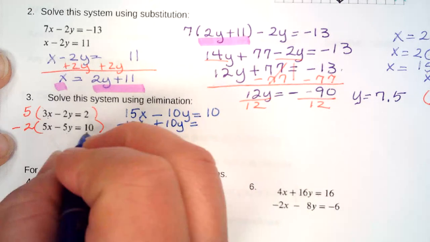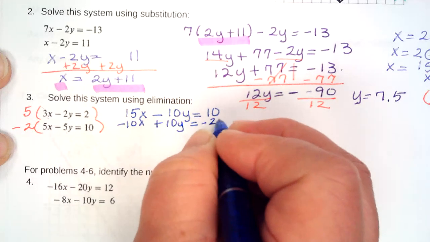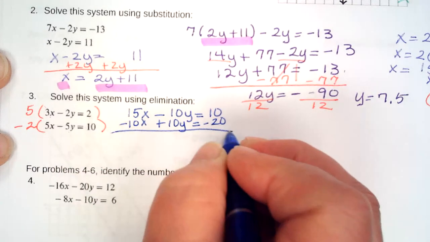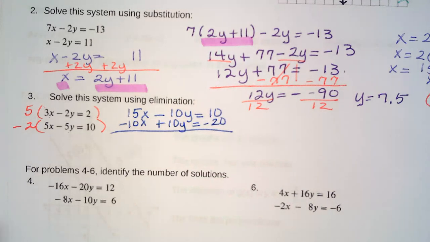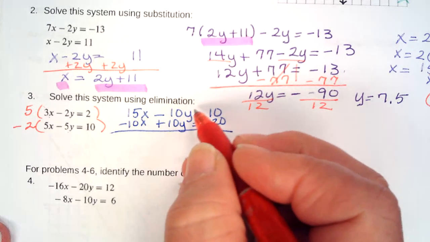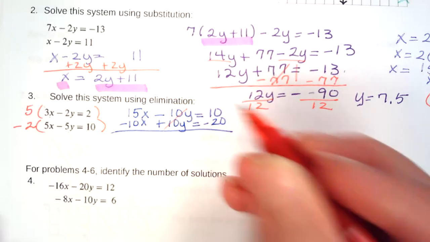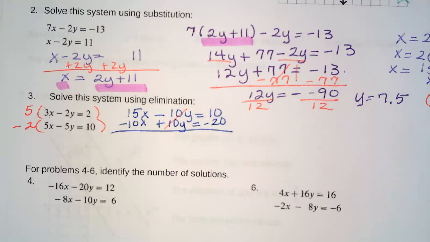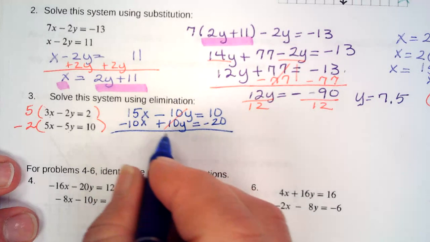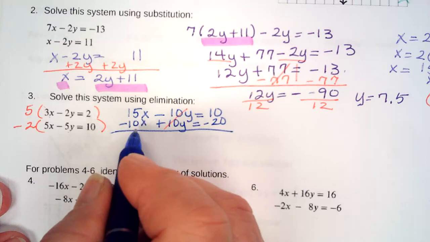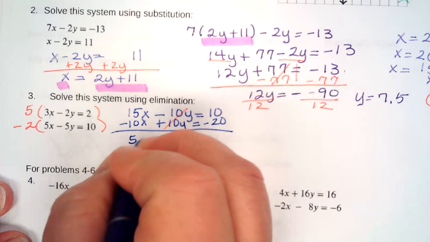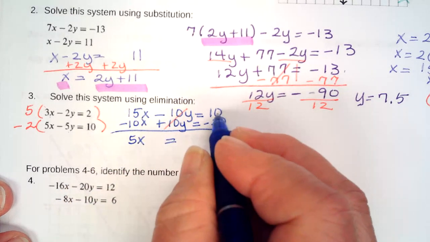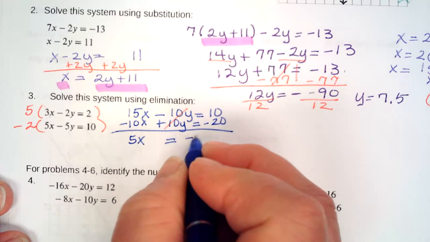Is equal to negative 2 times 10 is negative 20. I have the opposites for my y. I've eliminated my y. Now what do I find for x? 15x minus 10x is 5x is equal to 10 minus 20 is negative 10.